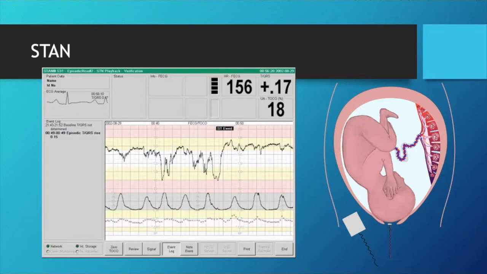Once it's got the 4 minutes of trace, it puts them all together and comes out with an average wave. That's the standard wave for this baby. This is now what I'm going to be comparing to for the rest of labor. This is my benchmark that I'm always comparing to.